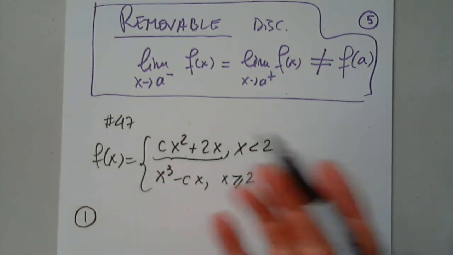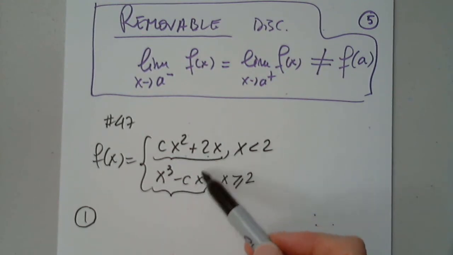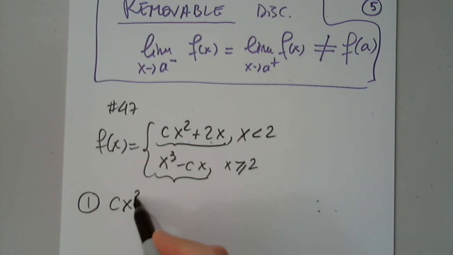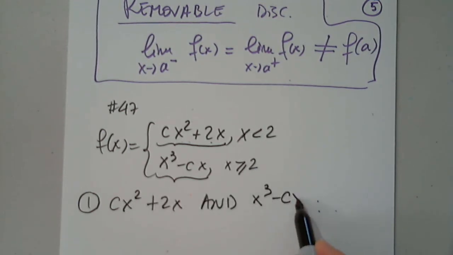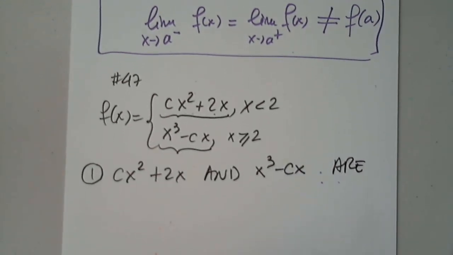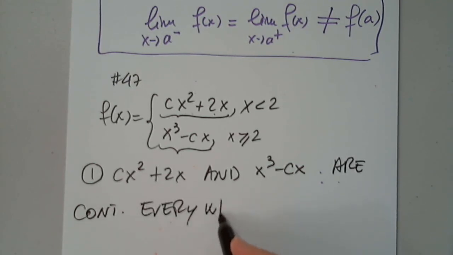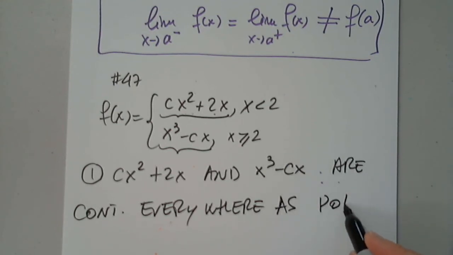C is a number, any number. What type of function are cx squared plus 2x and x cubed minus cx? Polynomials. Yes, continuous everywhere. Excellent.